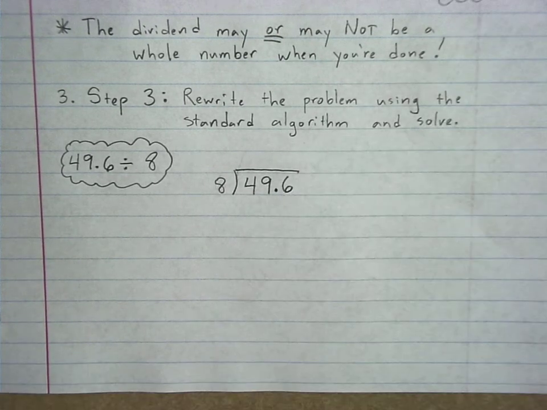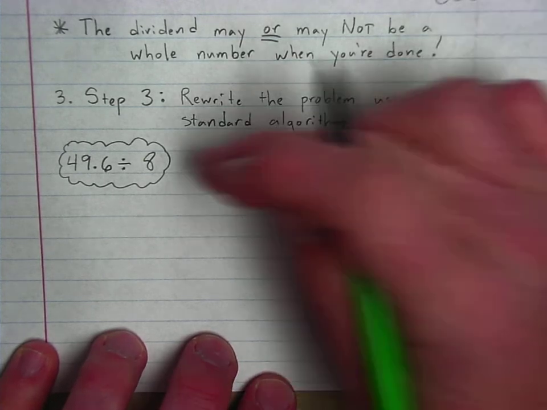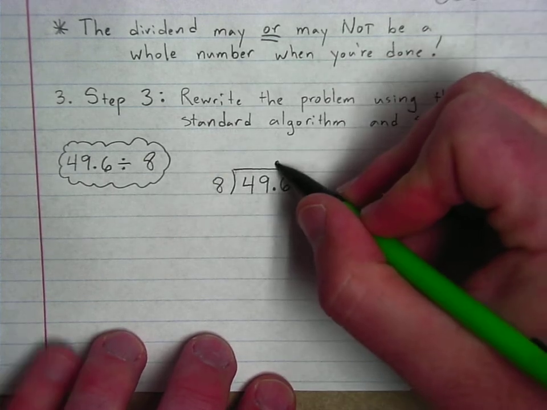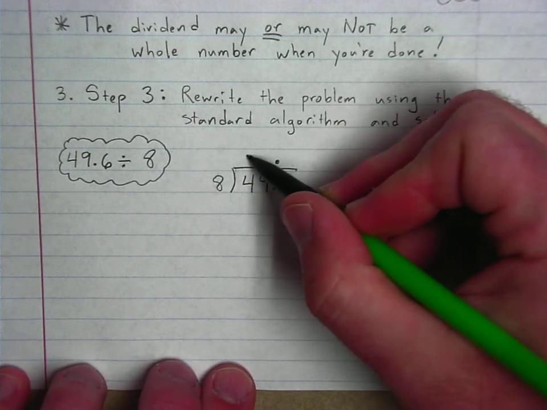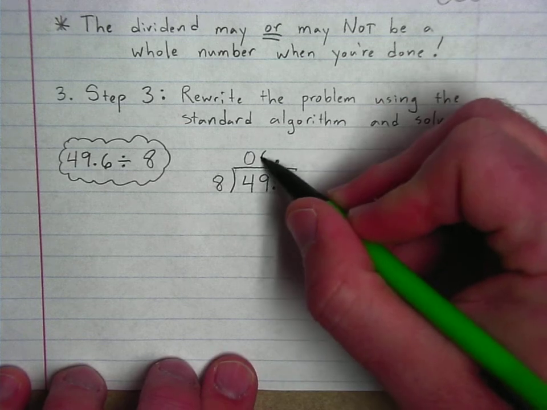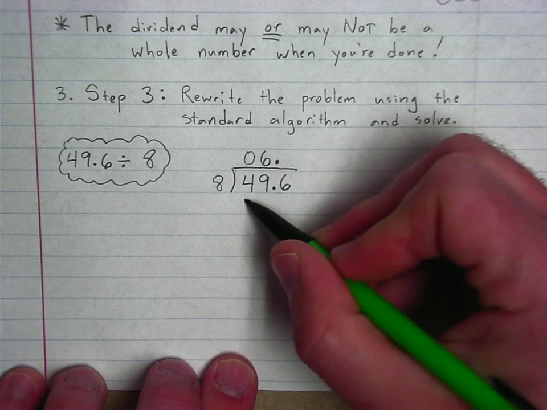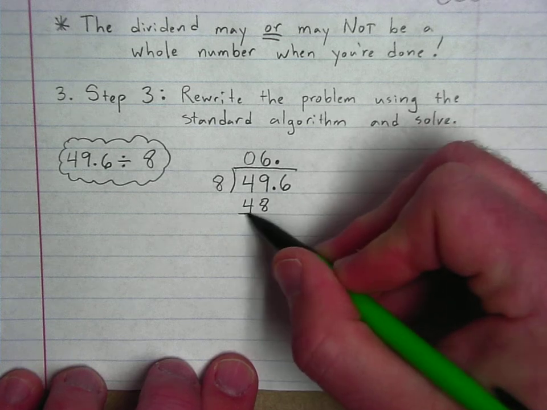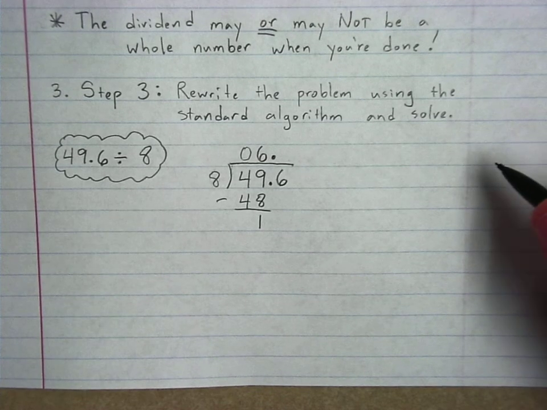Now before we start, I always recommend you carry that decimal point straight up immediately. We don't want to forget that it goes there. 8 will go into 4 no times. 8 will go into 49 about 6 times, because when I think about my multiplication facts, 6 times 8 is 48. 49 minus 48 is 1.